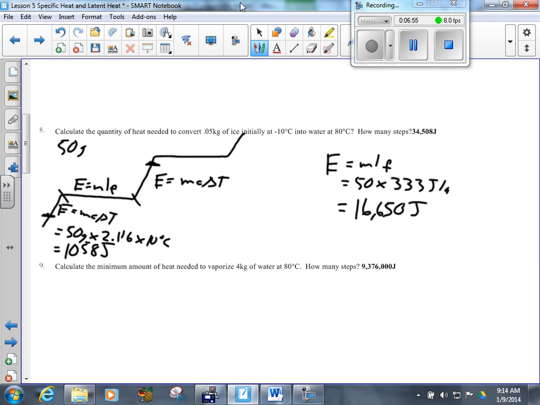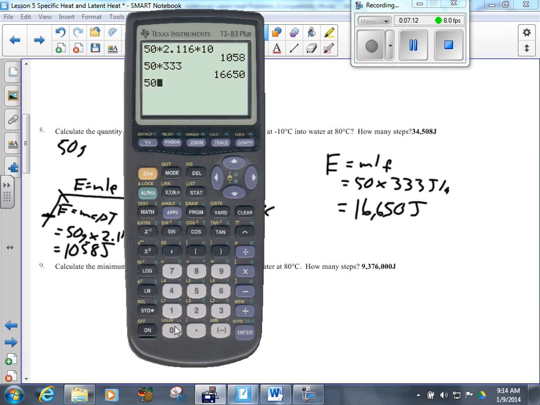And now I have liquid water at 0 degrees Celsius. I need to heat it to 80, so I'm going to do my E equals mc delta T. 50 grams times the heat capacity of water now, 4.2, times 80 degrees Celsius. Okay, 16,800 joules.